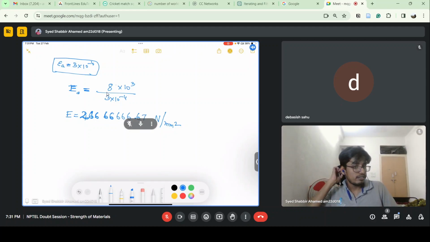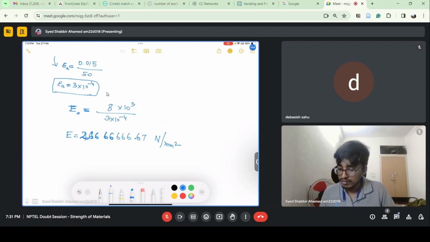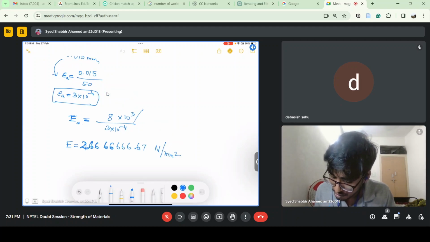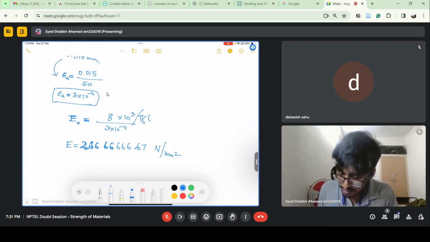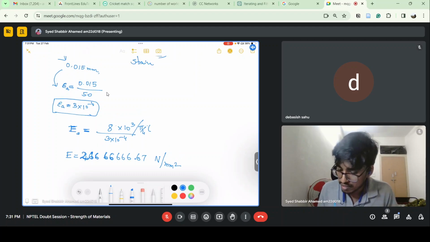Load at that point, sorry. This is the load, so again I have to divide it by the area, since the load is given at this point. So I have to calculate the stress. I'm just messing it up today. Sorry.